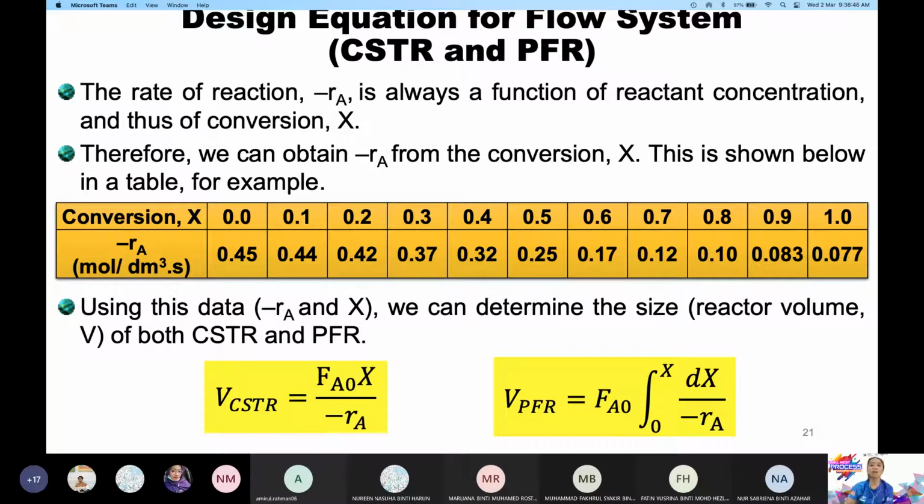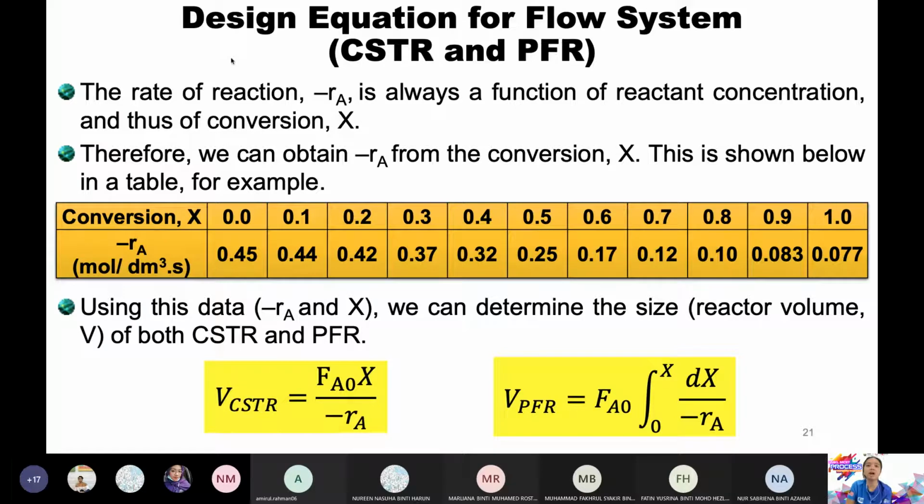What we are going to do today is actually design the reactors, or in simpler terms, we are trying to determine the volume of the reactor for CSTR and PFR, and for batch reactor, we are talking about reaction time. However, today we will first learn determining the volume of plug flow reactor and continuous stirred tank reactor.